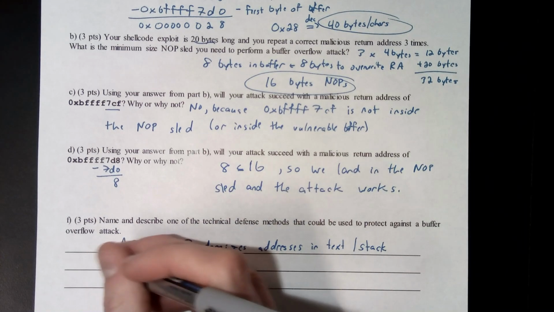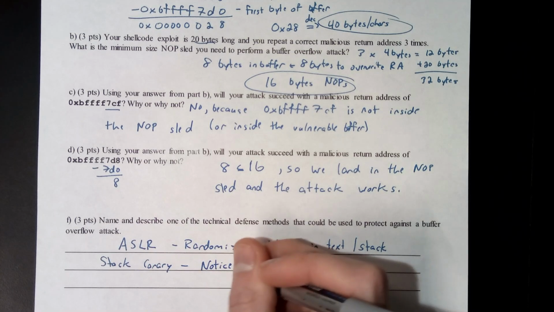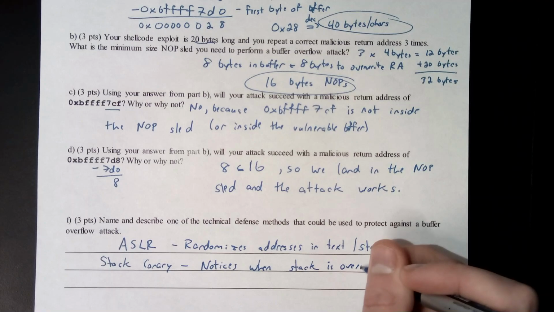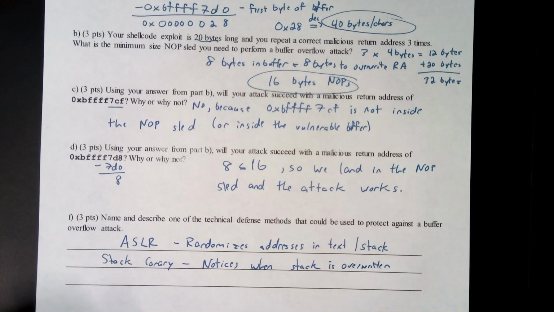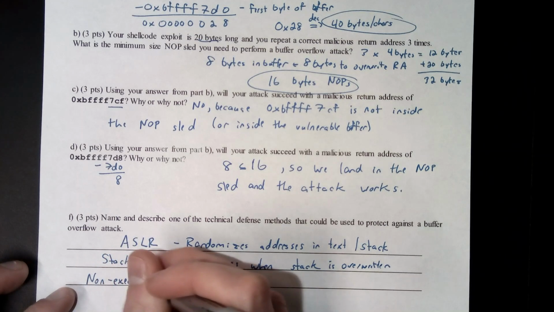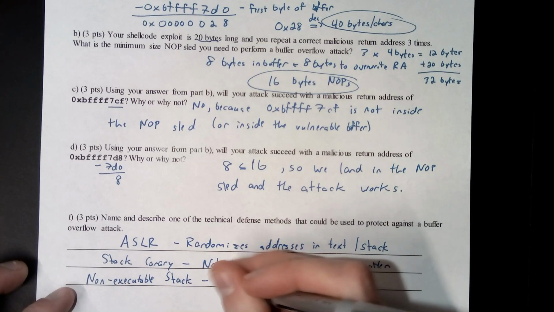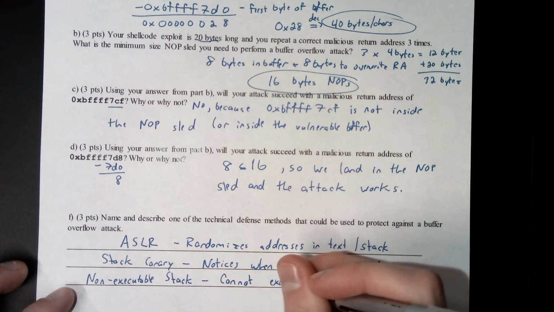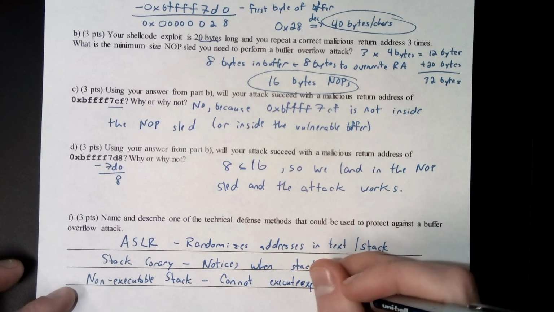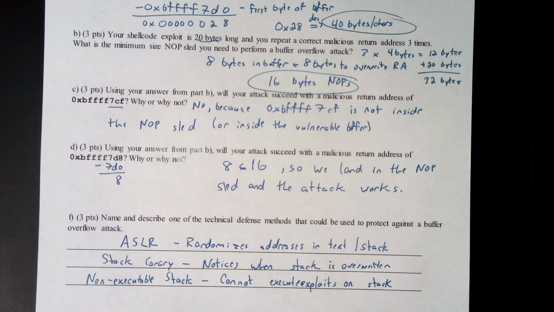A stack canary notices when the stack is overwritten. Or the final one is the non-executable stack, which cannot execute code on the stack. When we insert this exploit code, this shellcode, on the stack, it's not able to execute.